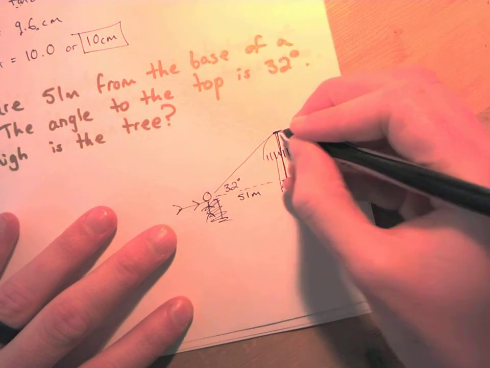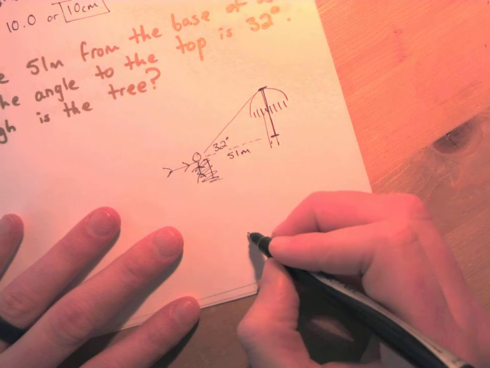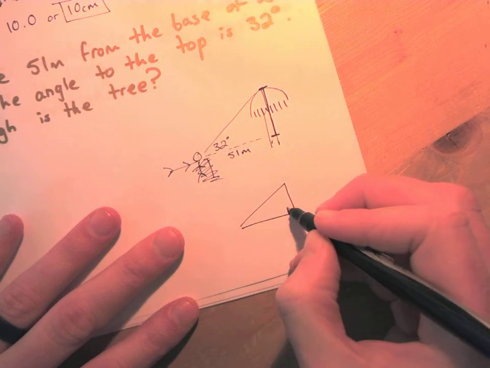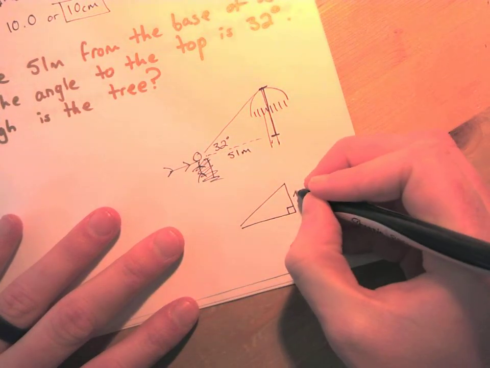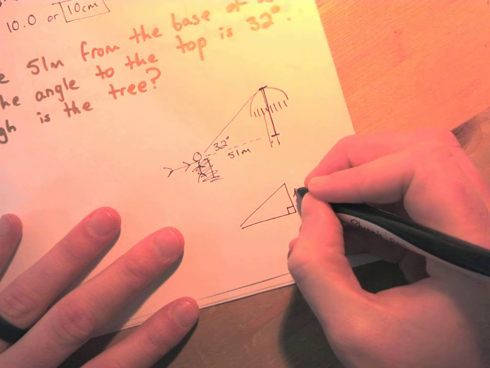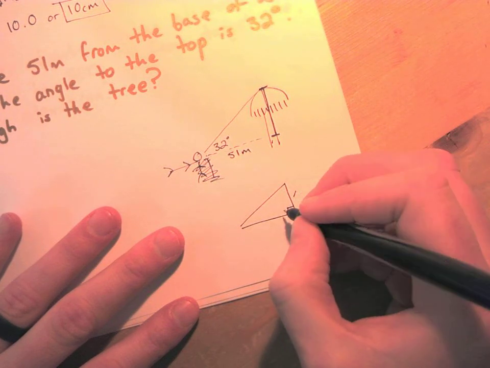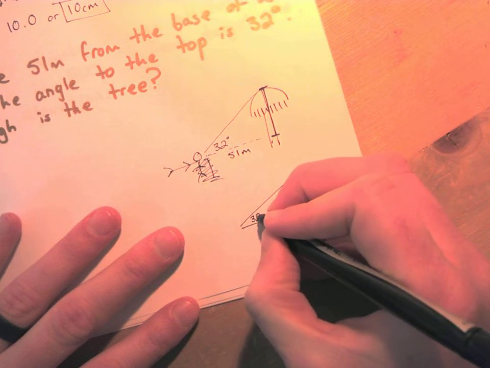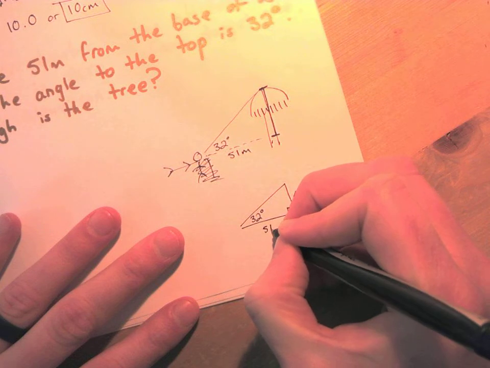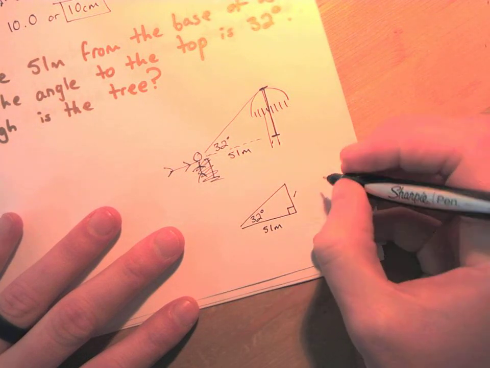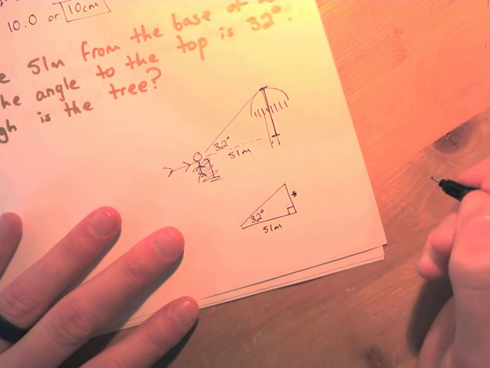If we draw this more simply, because every word problem will be just a normal triangle problem, they want to know what this is. And they know that this is 32, and they know that this is 51 meters. So we want to know what this side is.